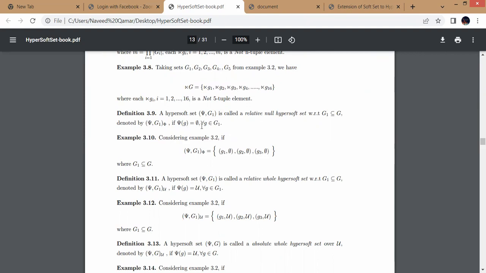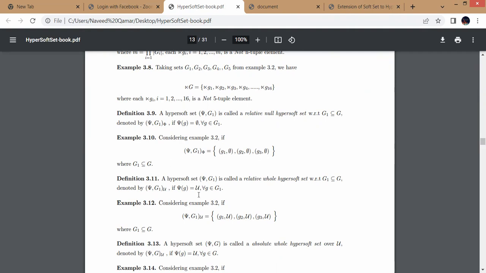If the answer is empty or 0, this will be called a relative null hypersoft set. So there is example 3.10, consider example number 3.2. If for all G1 has 0 attribute, G2 has, it means to say that G1 attributes are included in none of the mobiles. G2 attributes are included in no one of the mobiles. G3 attributes are not included in any kind of mobile. So this is the explanation.